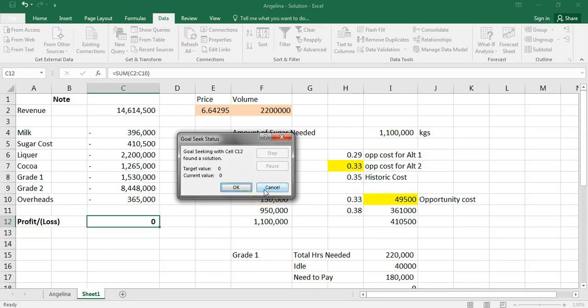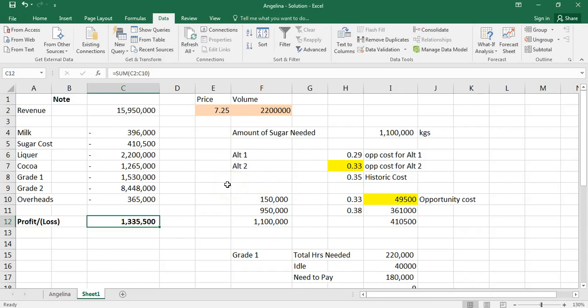So what it essentially does is it iterates itself within Excel and it tells us what the answer is. So we can do it in a formula, but a lot of the time when you have a more complex one, goal seek can be very handy. So you might want to goal seek how many units to produce. You might goal seek what the cost per unit has to be to make a certain profit. So again, what you do is you go to data, what if analysis, goal seek.